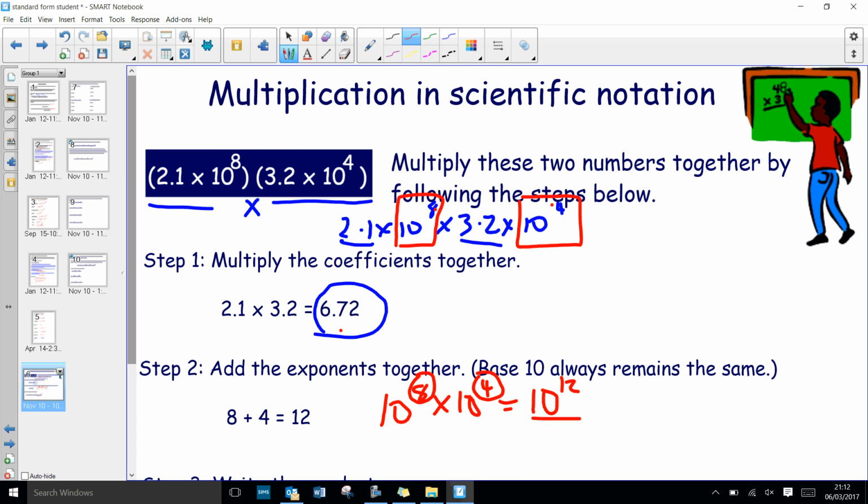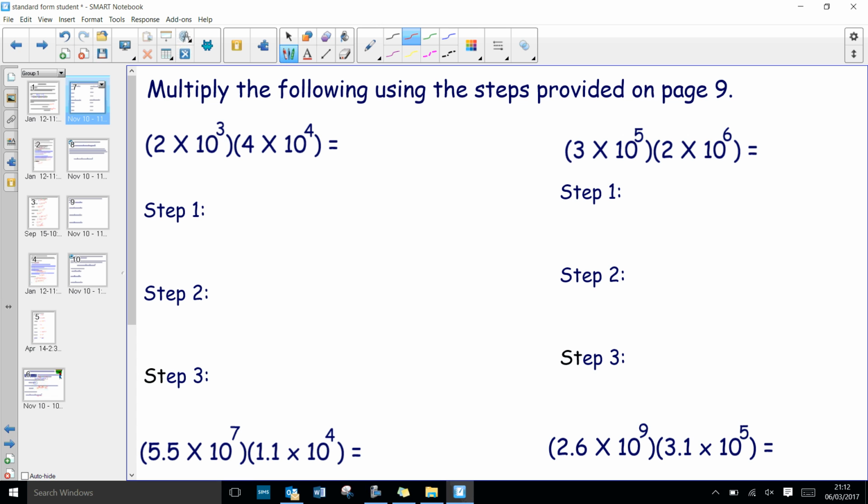So looking at the next page. So step 1, 2 times 4. It should be easy. 8. 10 to the 3 multiplied by 10 to the 4. Remember, what do we do? We add our powers. So that becomes 10 to the 7.